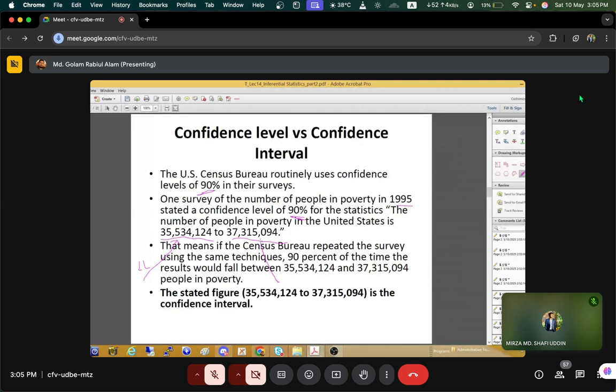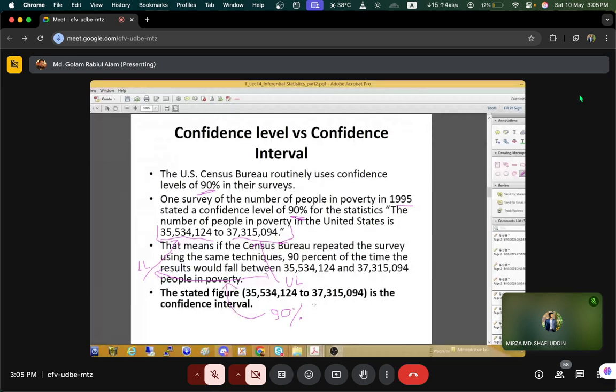That means you will find the result between these two limits 90% of the time. This range is called the confidence interval, and this 90% is our confidence level.